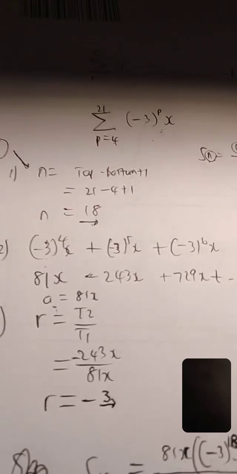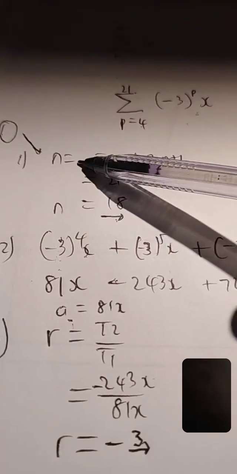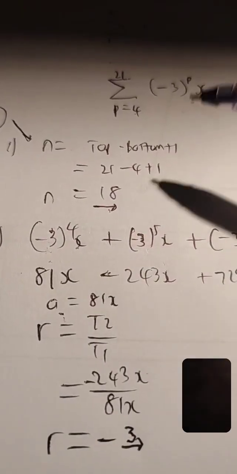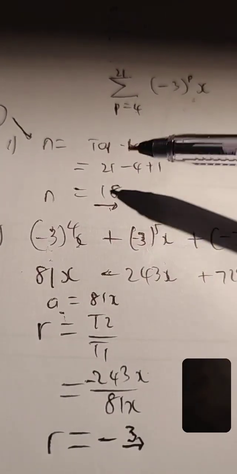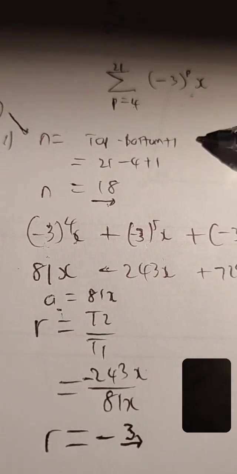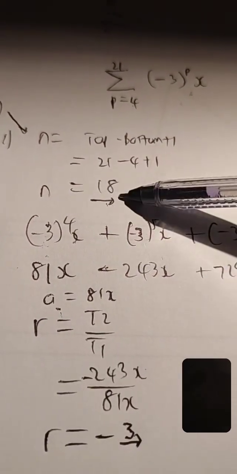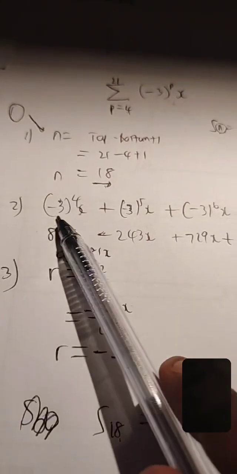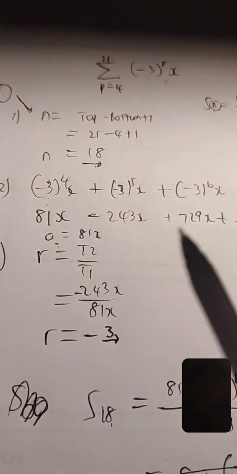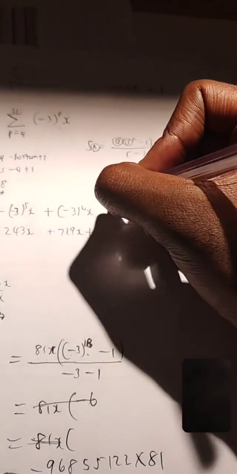It's helpful that we know this, because the specific n, if it's not worked out correctly, will lead to us getting an incorrect answer. So we need to first do the top minus bottom plus 1 to get the actual n value. Then we need to get the first 3 terms and be very clear about what those terms are.